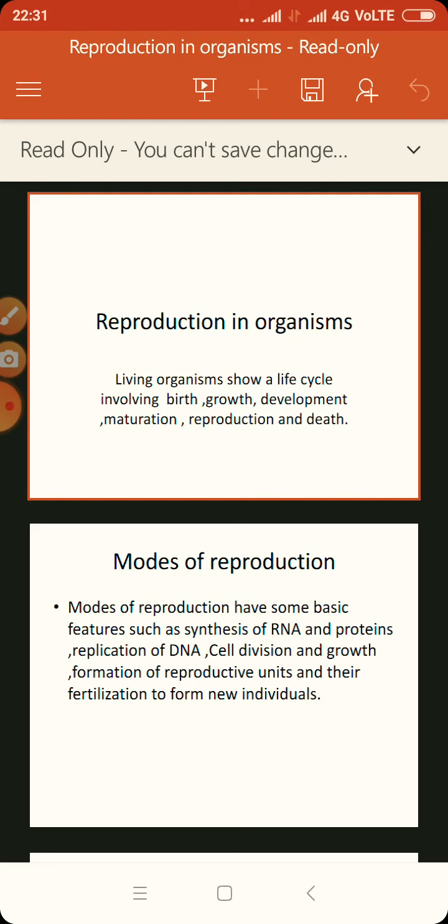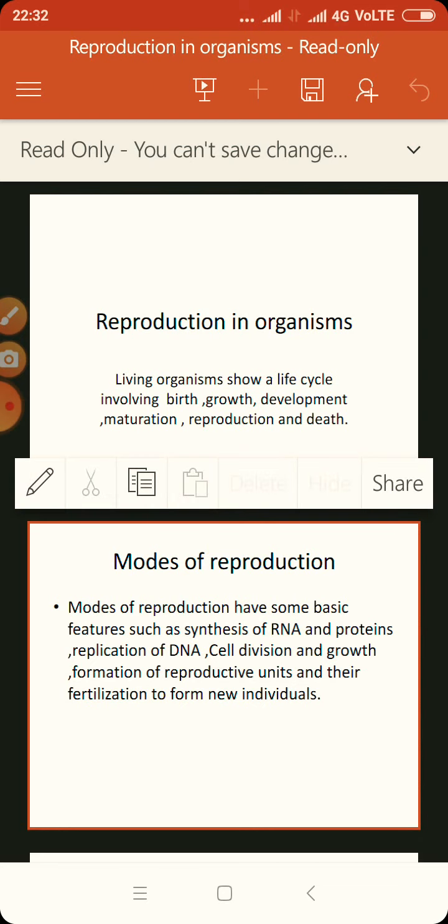This process we call reproduction. All these living organisms show a life cycle which involves birth, growth, development, maturation, reproduction, and death. So reproduction is one of the fundamental features of all living organisms.